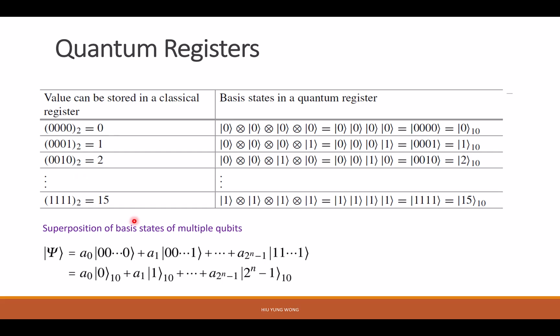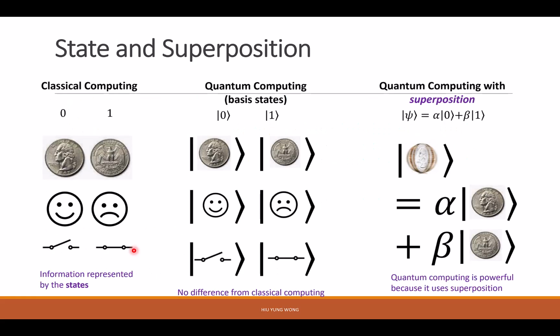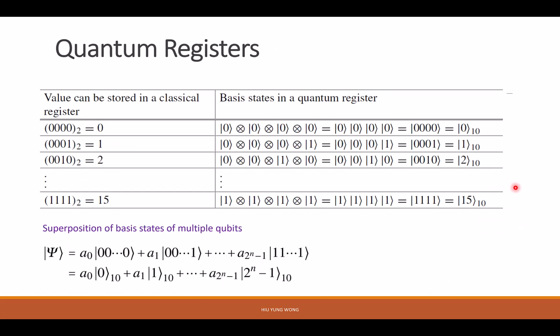But if you have 4 qubits, besides that you can have these 16 possible states, it can be a linear superposition of these 16 states. Now look at this. With 1 qubit, you have 2 basis states, right? 2 to the power 1. 4 qubits, I have 16 basis states, 2 to the power 4.